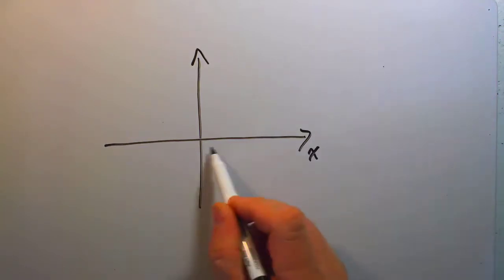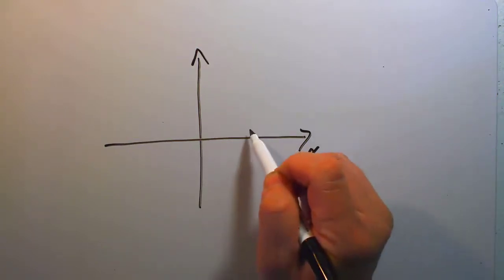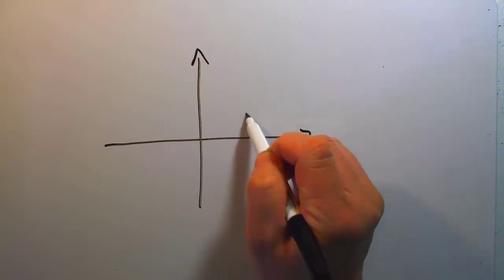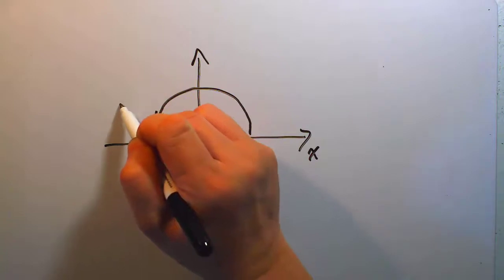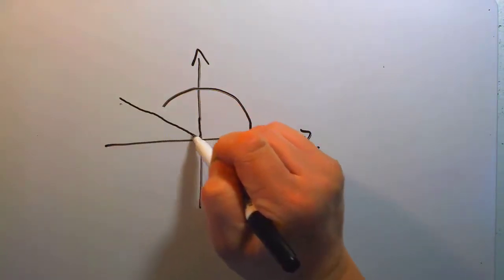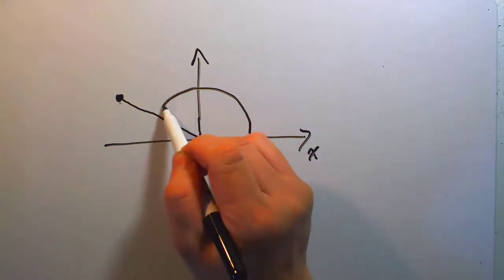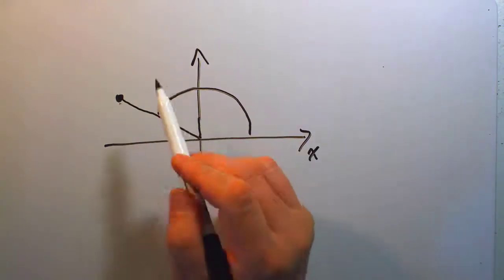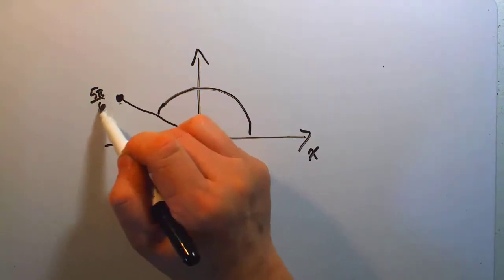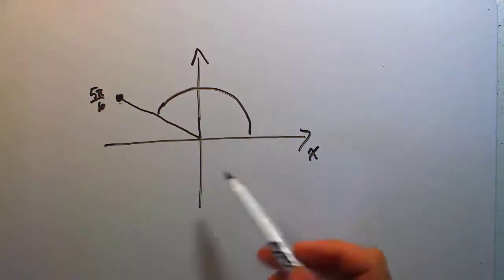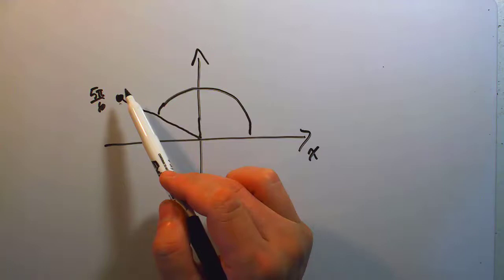The positive x-axis is here, and then we make an angle of 5 pi over 6. That means it's just the usual 5 pi over 6 in a positive direction. It's about a 150-degree angle, so the terminal point of the angle needs to land somewhere in quadrant 2. That's what it says here: make an angle from the positive x-axis of 5 pi over 6.